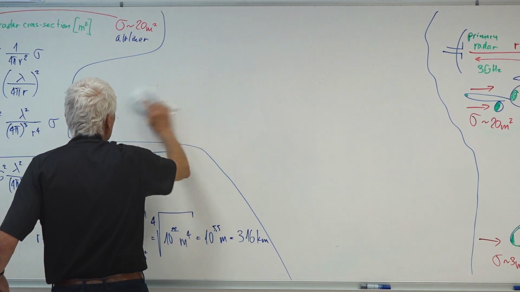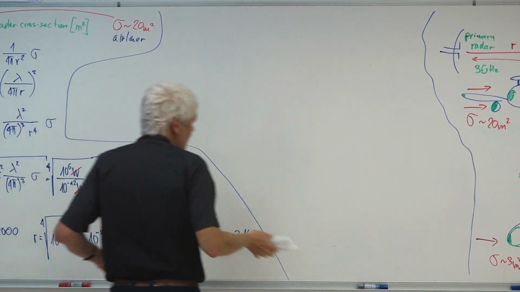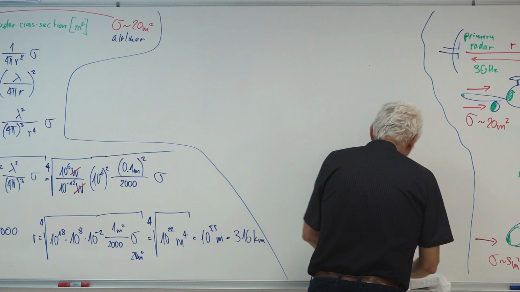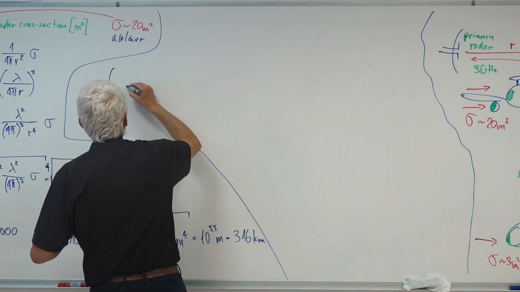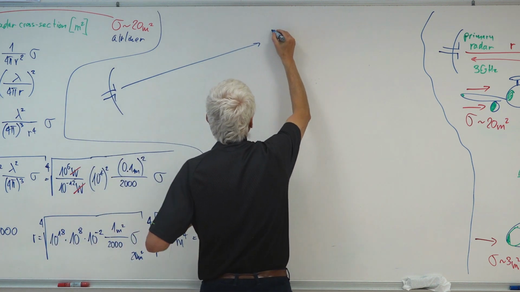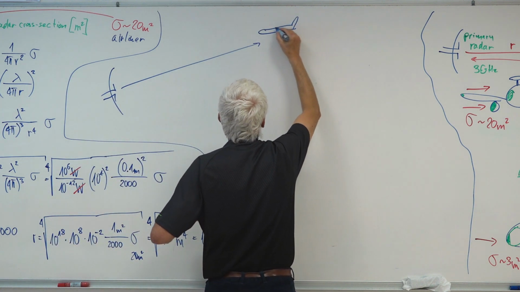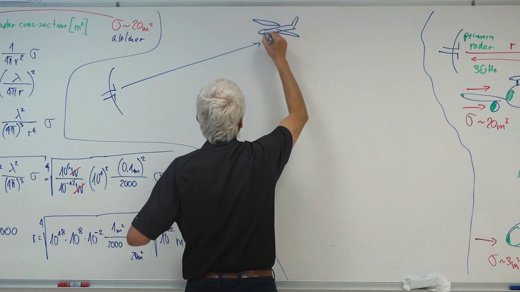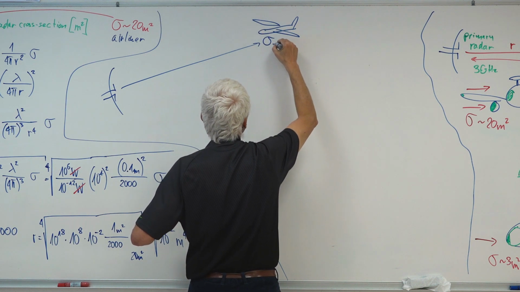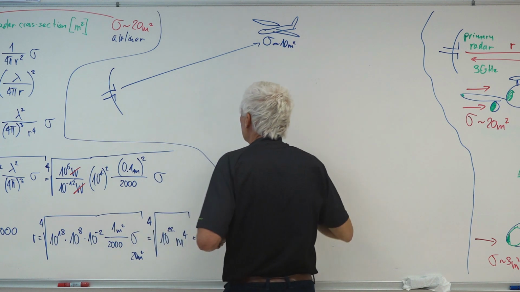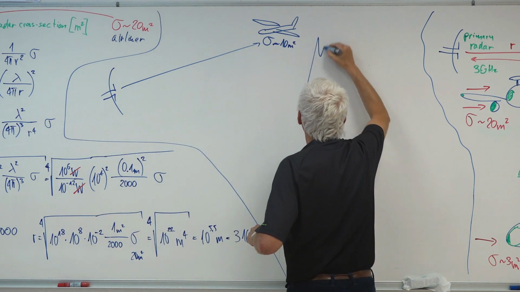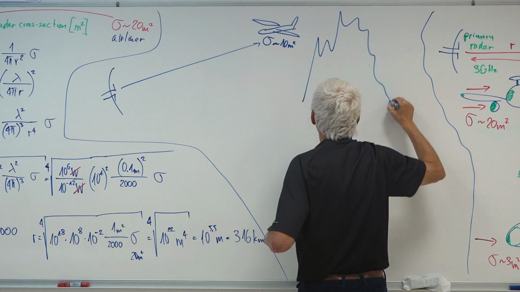Here's the radar. We shoot the aircraft with the radar, and the aircraft may have an average cross-section of around 10 square meters. But behind the aircraft, we also see the mountain.